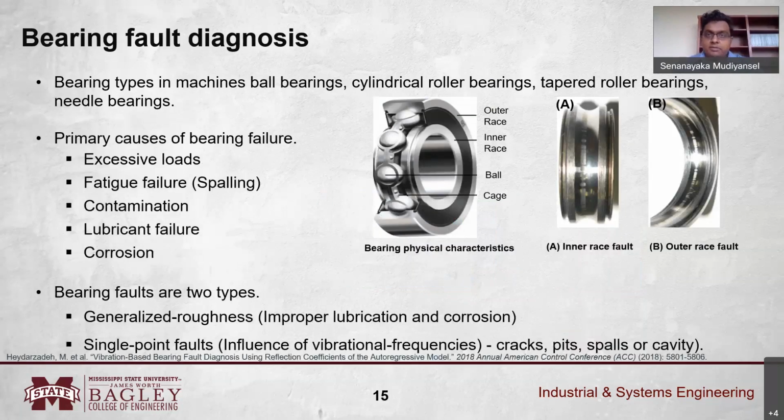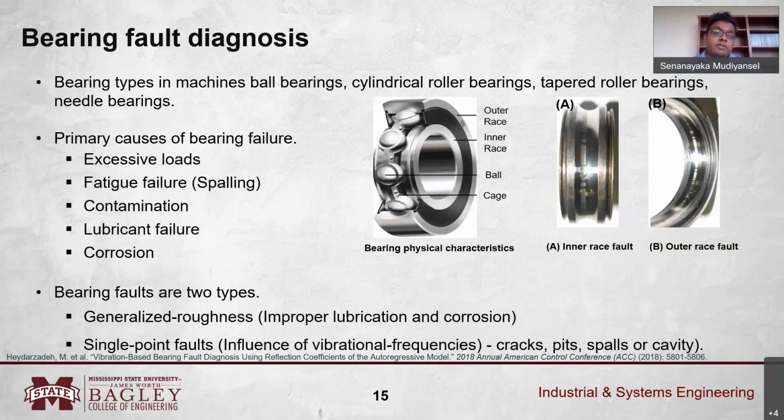Let me just introduce these bearings. There are four main bearing types available in industrial and manufacturing systems. One is called the ball bearing, then cylindrical roller bearings, tapered roller bearings, and needle bearings.